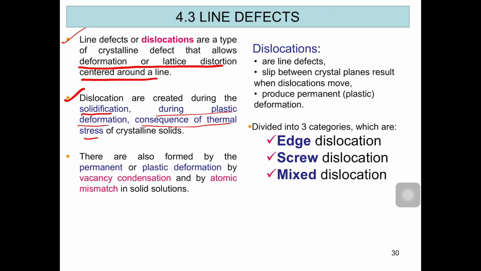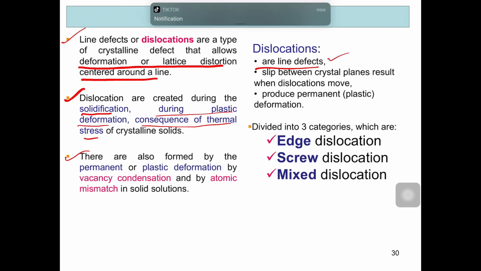They are also formed by permanent or plastic deformation, by vacancy condensation, by atomic mismatch in solid solution. That's another process by which dislocations happen. Okay, dislocations are line defects. You have to remember that.